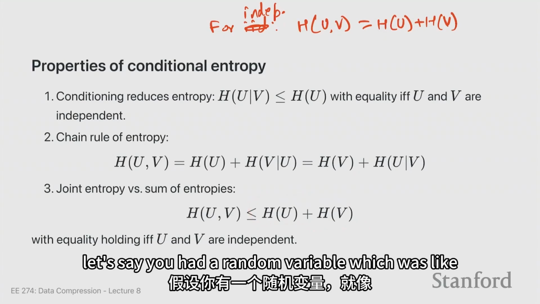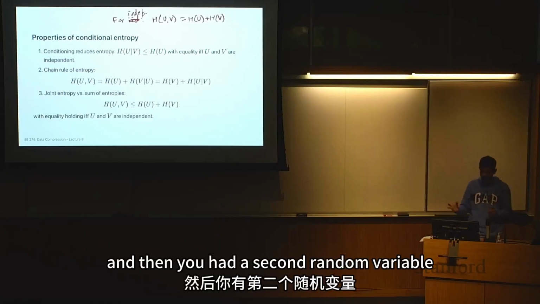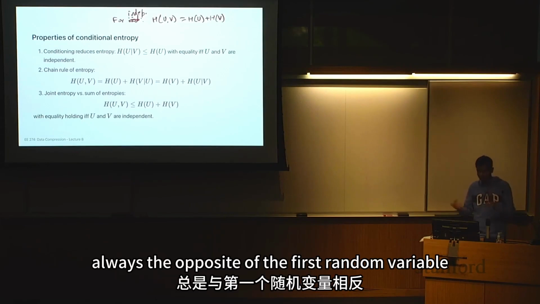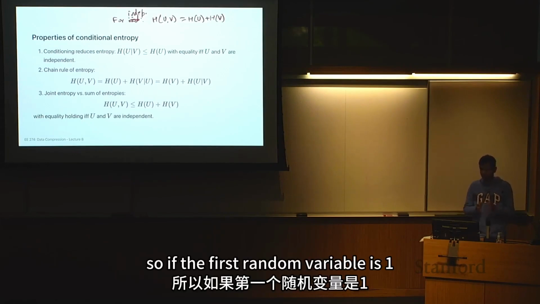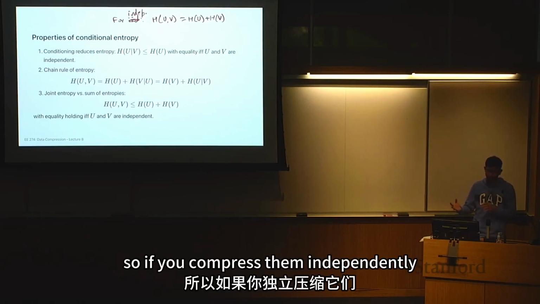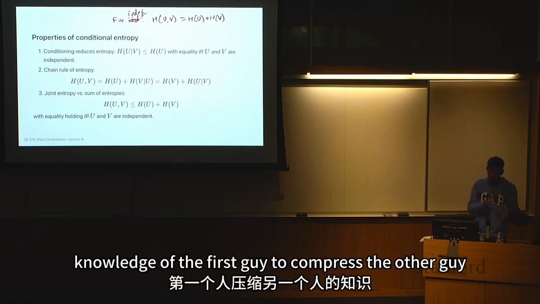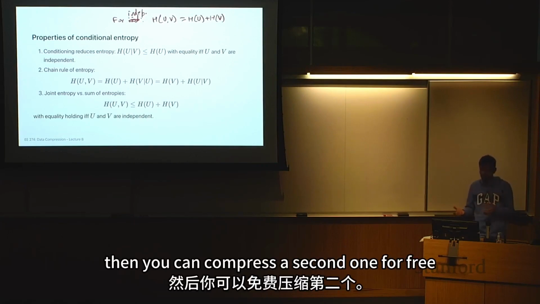Say you had a random variable which was either 1 or 0, and a second random variable which was always the opposite of the first. If the first is 1, the other is 0. If the first is 0, the other is 1. If you compress them independently, they will take 1 bit each. Whereas if you use the knowledge of the first to compress the other, then you can compress the second one for free.